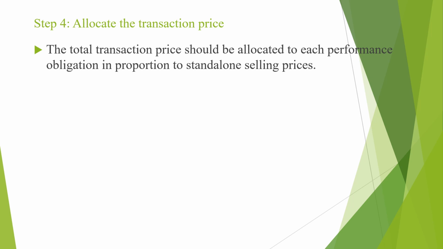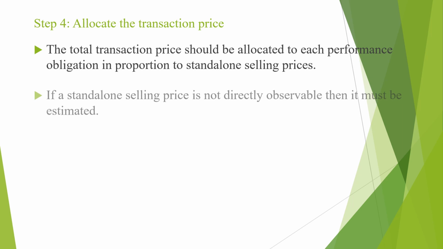Whenever I go to buy a vehicle, I'm not identifying that for the vehicle I'm paying so much and for the services I'm paying so much. I'm just paying a lump sum amount. But IFRS 15 says that you have to bifurcate that lump sum amount between the various performance obligations, and that should be in the proportion of the standalone selling prices.